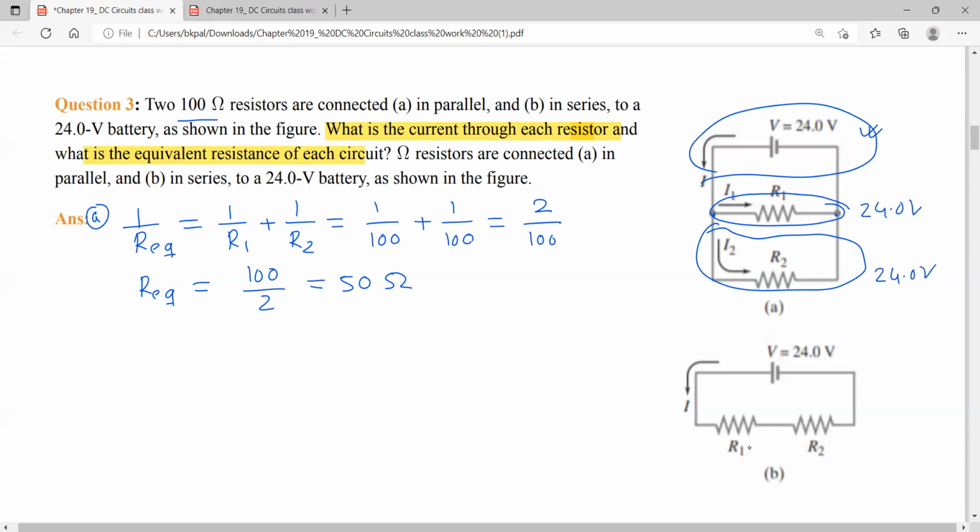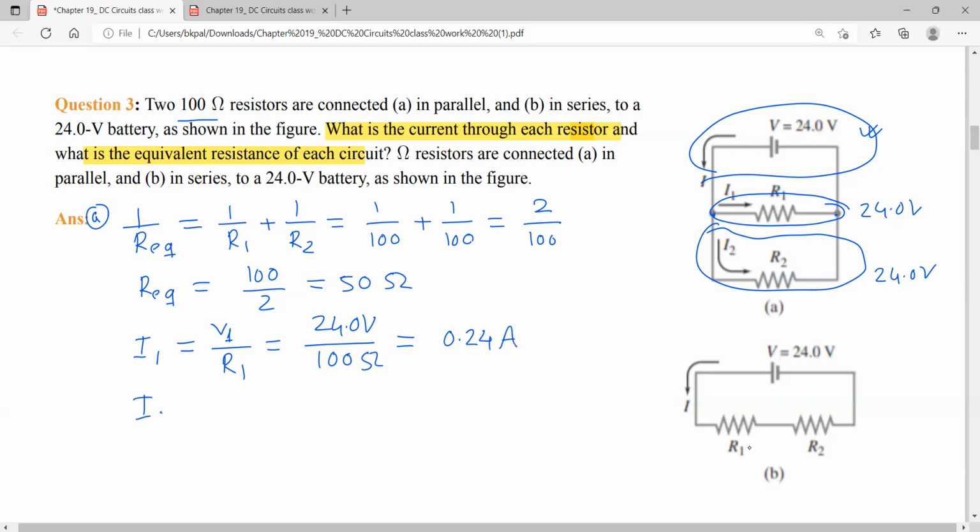As we know the voltage drop and the resistance, we can easily calculate I1 and I2. I1 will be V1 divided by R1, so it's basically Ohm's law. Here V1 is 24 volt and R1 is 100 ohm, so it is equal to 0.24 amp.